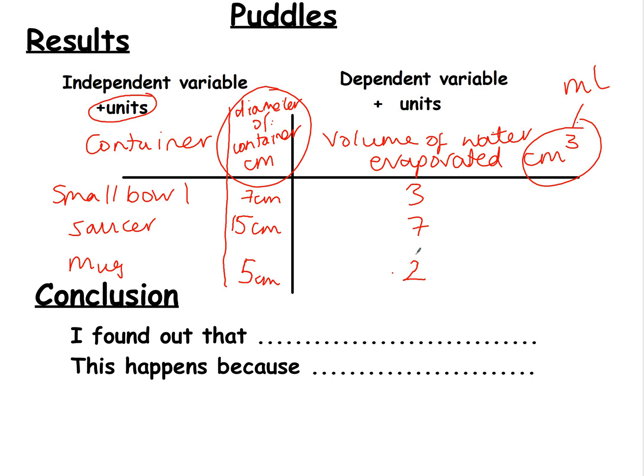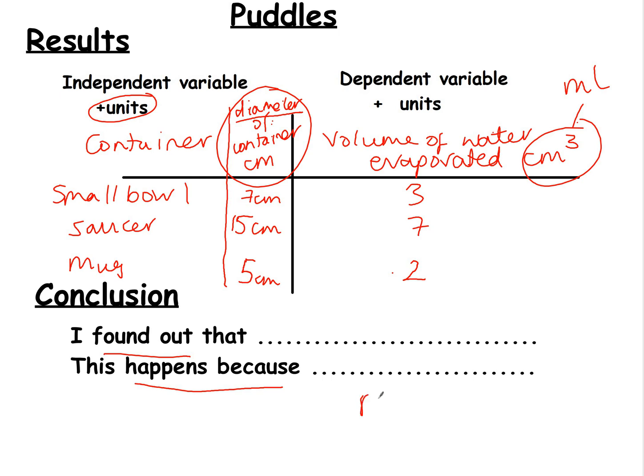Okay, so see if you can write a conclusion, what you found out in terms of how much volume of water evaporated. Can you compare it to the size of the container, or the diameter of the container would be even better, and explain to me why this happens.